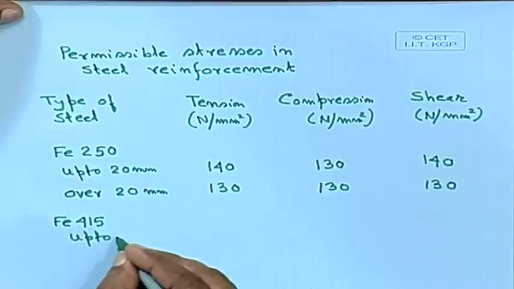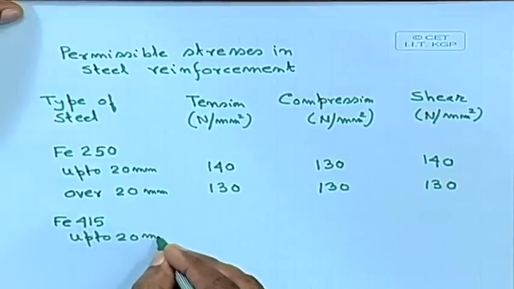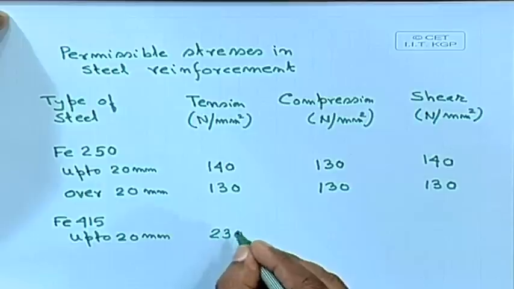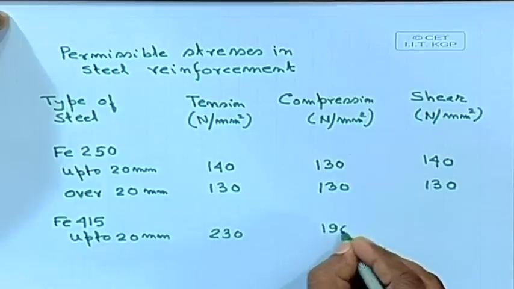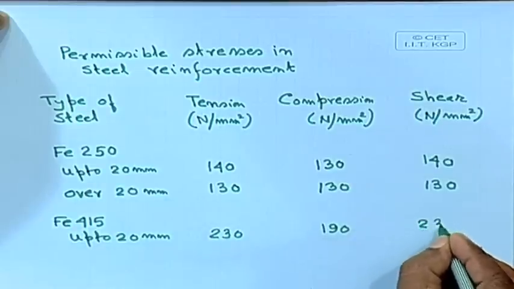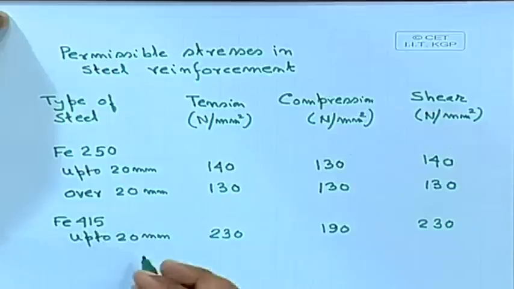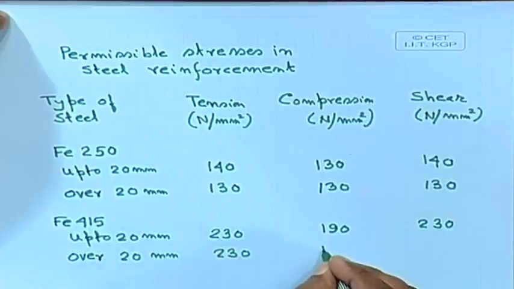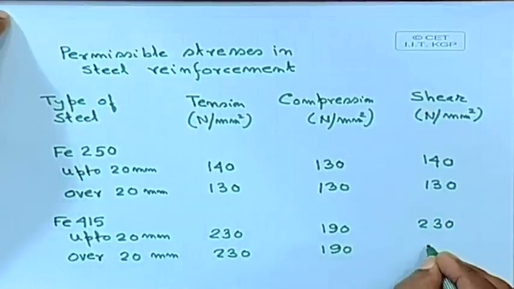Up to 20 millimeter, it is 230 in tension, 190 in compression, 230 in shear. Over 20 millimeter, 230, 190, 230.